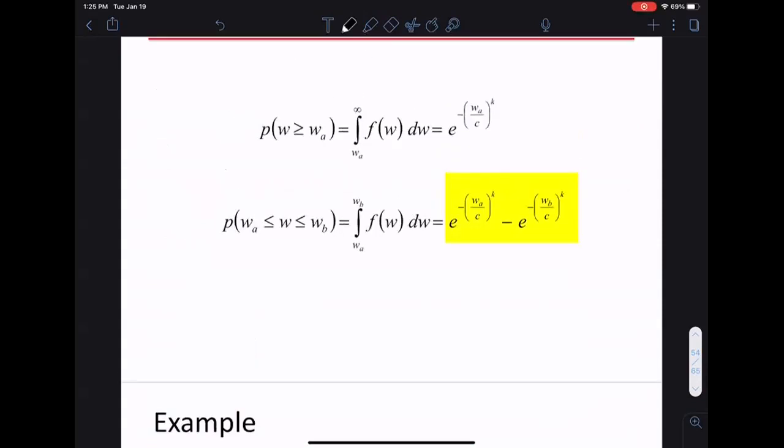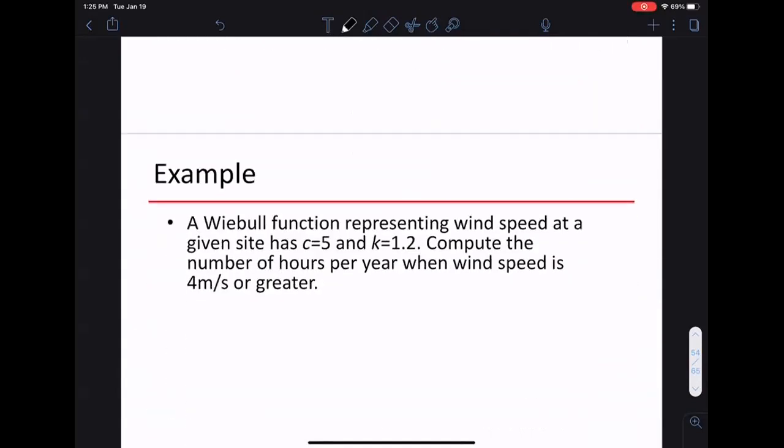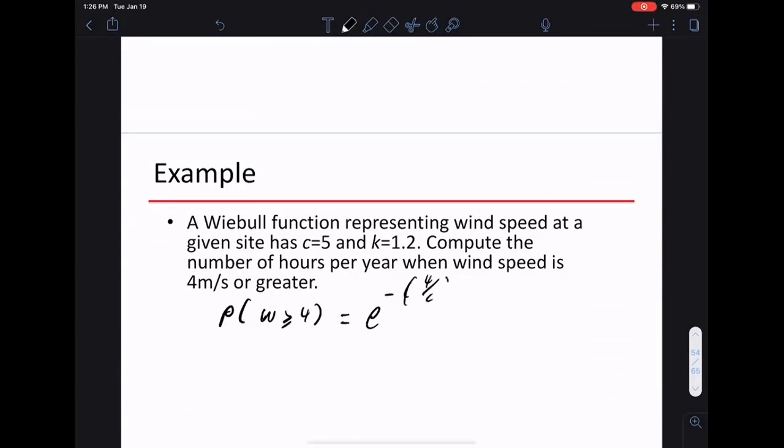Right? So if you look at this, we're basically going to use this equation. The probability of the wind speed being larger or equal to 4 is given by e to the minus (4 over c) to the k, or e to the minus (4 over 5) to the 1.2, and we get 0.485.